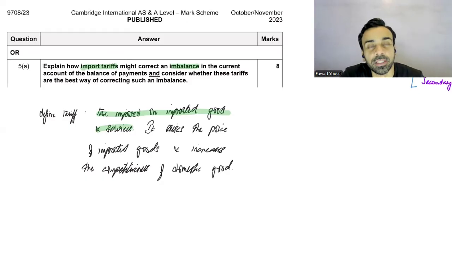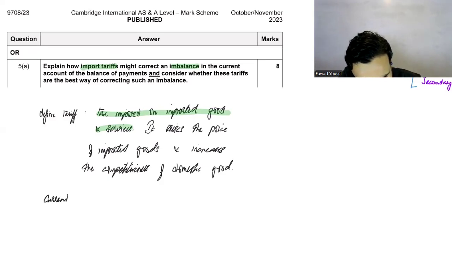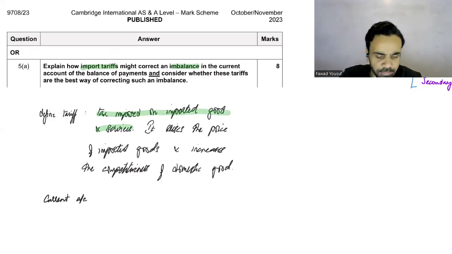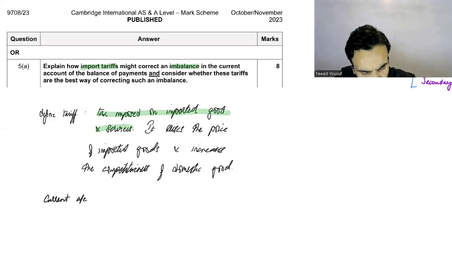Current account का imbalance समझा रहे हैं. I think what we need to do also, बहुत briefly सा आप बता सकते हो कि what current account has, because मैं surplus और deficit किस तरह से समझाऊं without mentions of the four things.